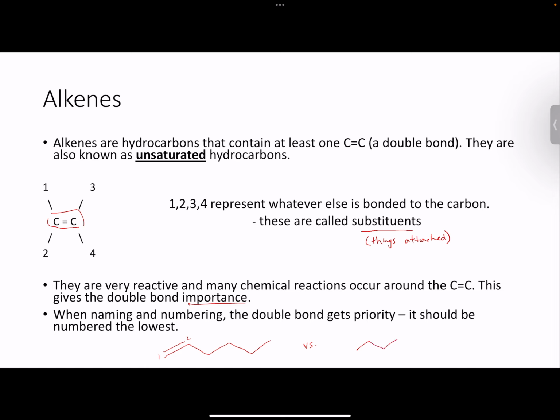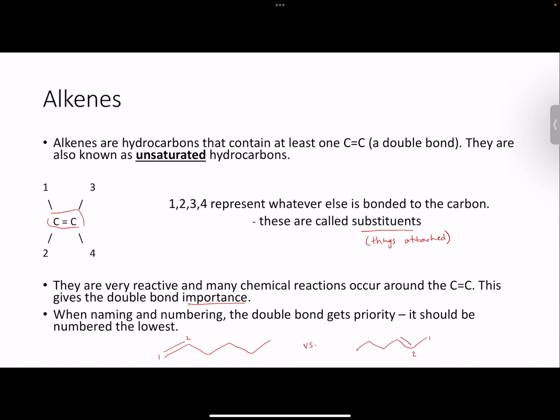Versus if I have this here, this one's going to be a bit tricky, so we'll just, for argument's sake, start it on that point. If it was on that side, I would call that carbon 1 and that carbon 2. Okay, so it doesn't always get numbered from left to right. It depends where the most important feature of the molecule is, and that priority is based on reactivity.